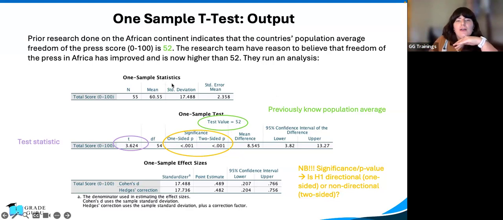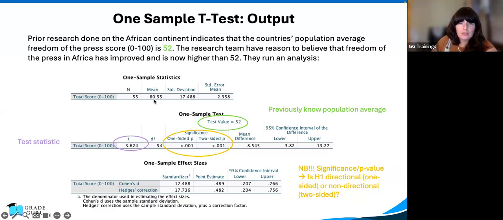If you have a look at the output as a whole, obviously it says one sample statistics, so it's pretty easy to see that this is a one sample test output. The first block that appears will always be your sample statistics or your descriptive statistics box. It tells you N, that's how many units were in your sample, and it's 55.